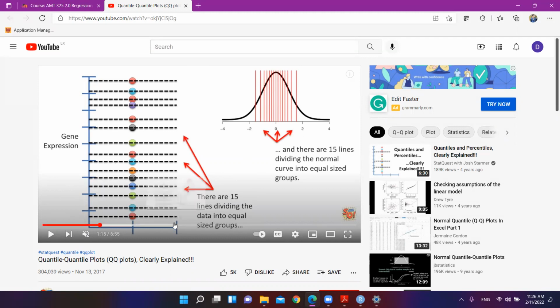We are reading the quantile values of our true data set, in the sense, these are our residuals, right? If we map this to a normal distribution, what's happening? If this quantile is the same as this quantile, and if this quantile is the same as this quantile, you should be getting a straight line, right?